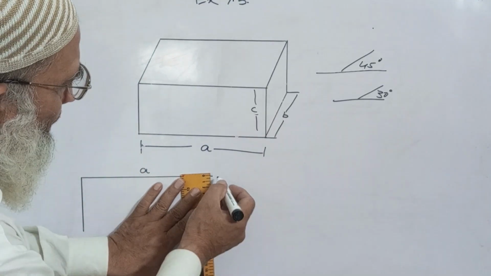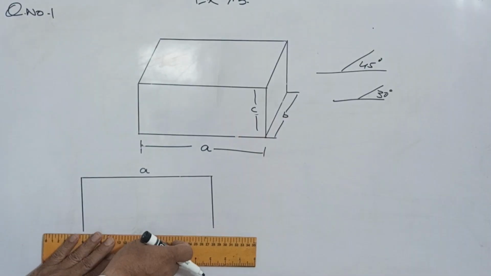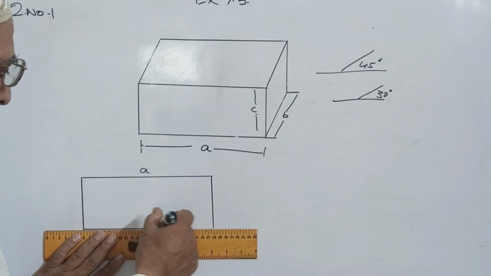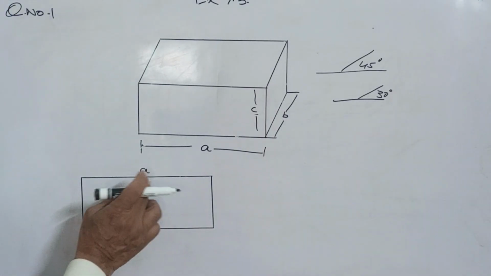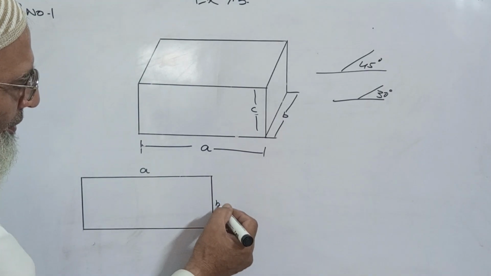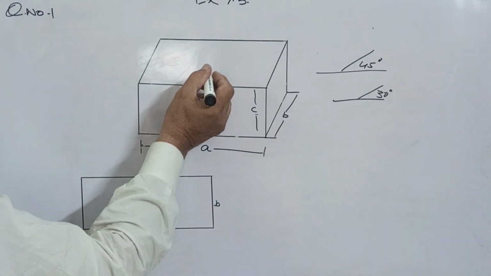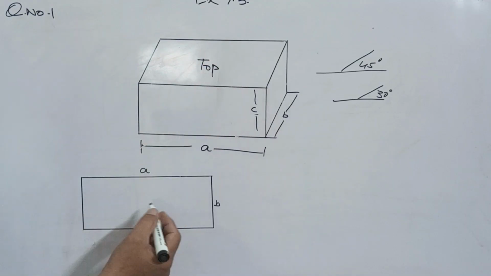I am going to transform this into a net. You see that this is A and this is B, because I have drawn this face first, the top face. Okay, now this is the top face.